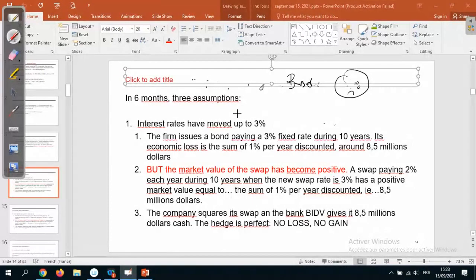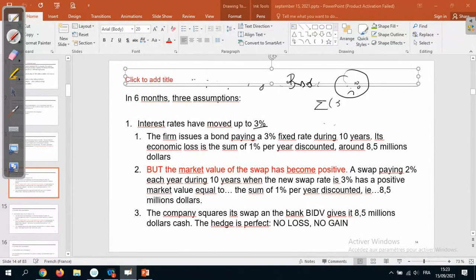Why? Because instead of issuing a bond with a 2% 10 years yield, you pay 3% on your 10 years bond. What is your loss? You lose each year 1%.